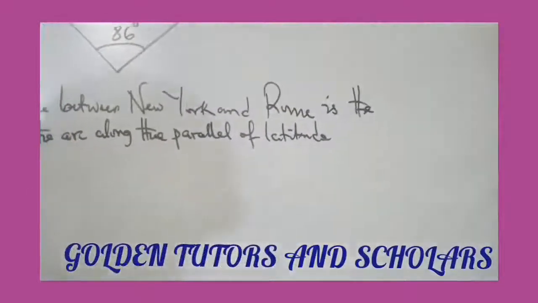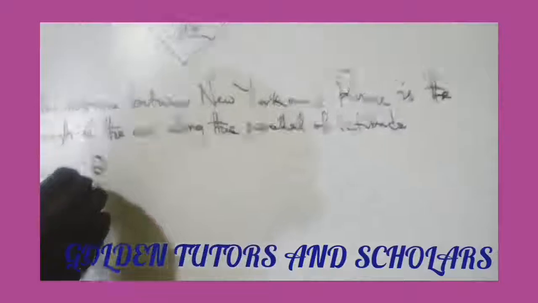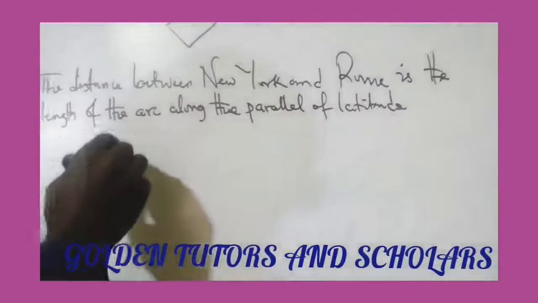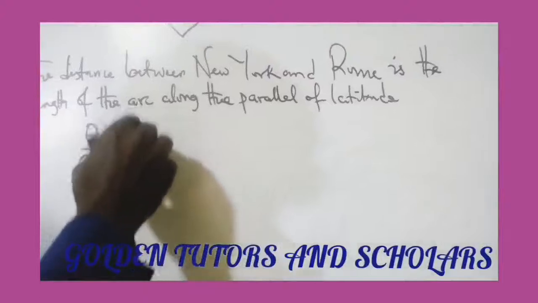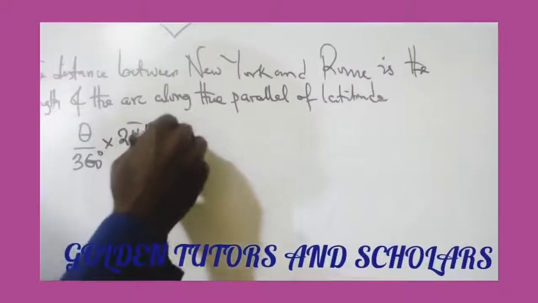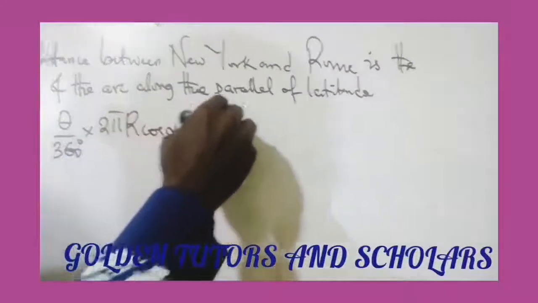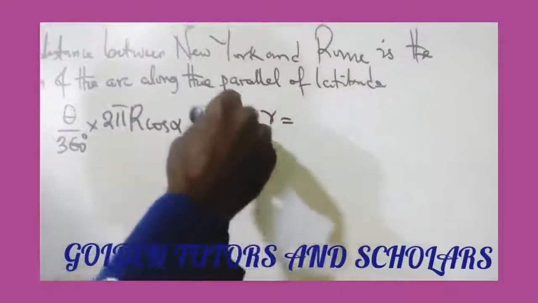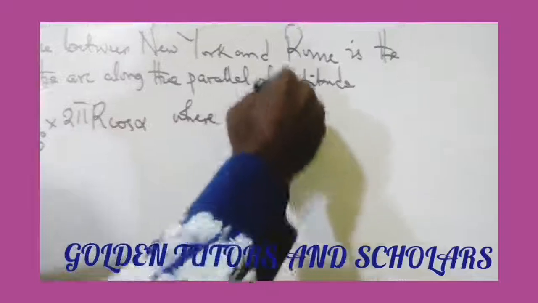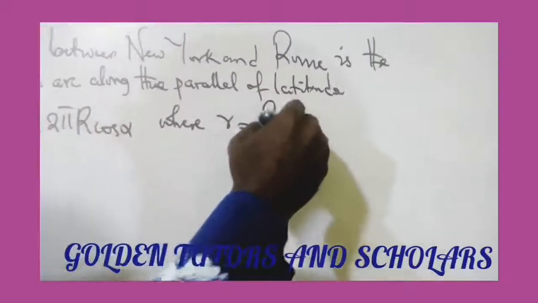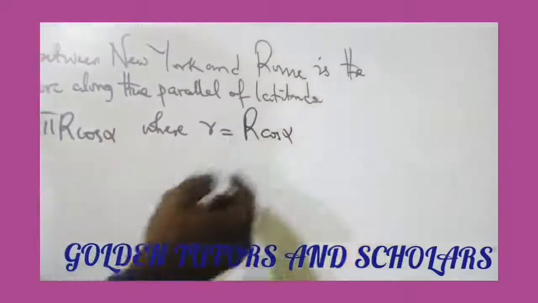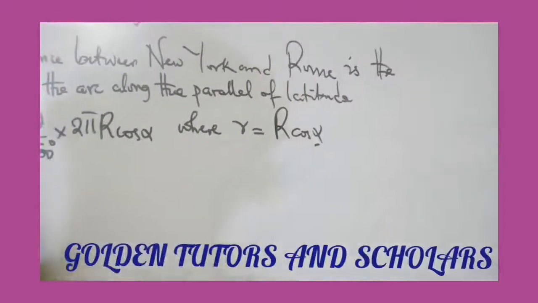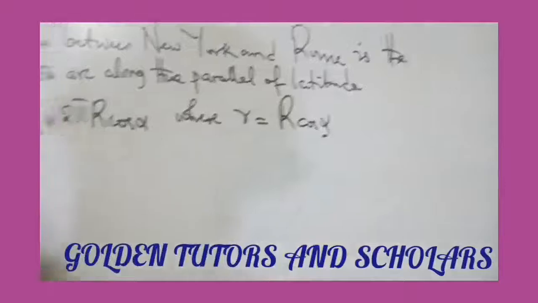Because it's along the parallel of latitude, our formula will be theta over 360 degrees times 2 pi r, where our small r, the radius of the parallel of latitude, is capital R, the radius of the earth, cos alpha. I said alpha here is related to the latitude given to us in the question.